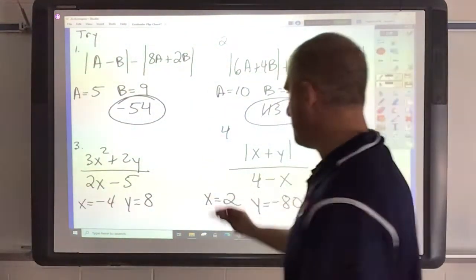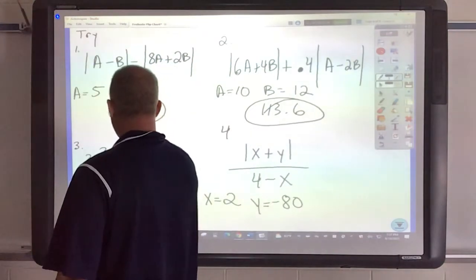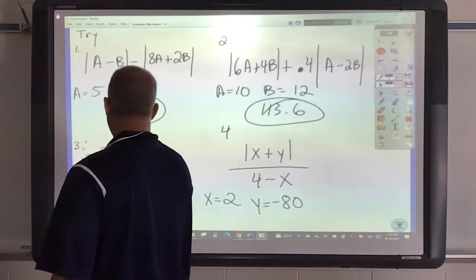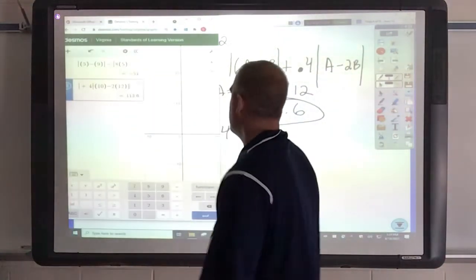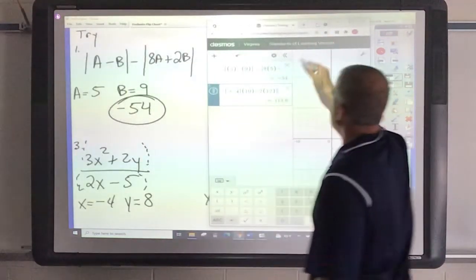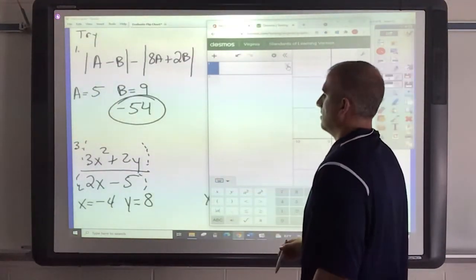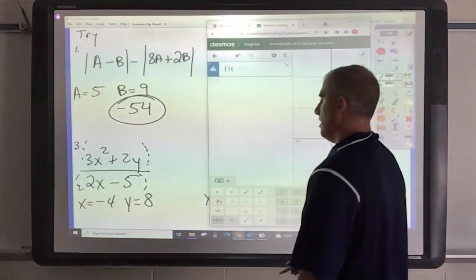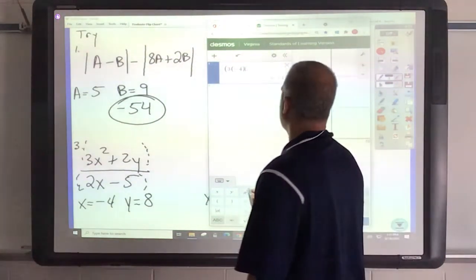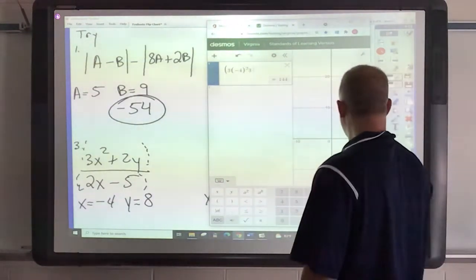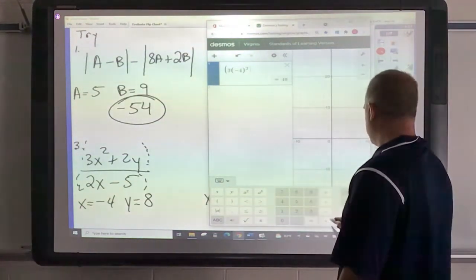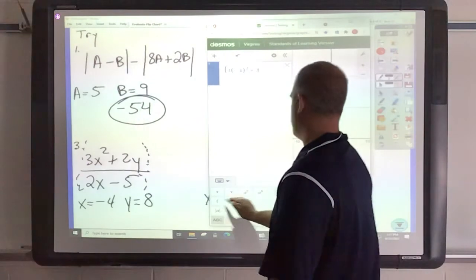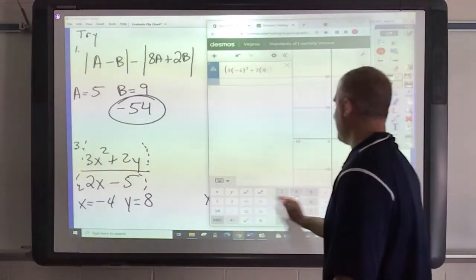So here we got these ones, this is what I got to know: parenthesis, parenthesis, parenthesis, parenthesis. I got parentheses, 3, parentheses, -4 for x with a squared, plus 2, parentheses where the y is, which is 8.